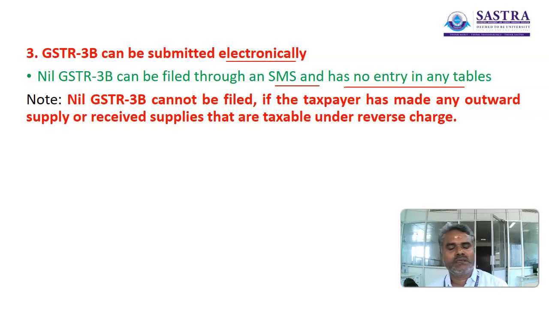Suppose you don't have any transactions, you need not fill all the details, simply you send an SMS saying we don't have any transactions. Nil GSTR 3B cannot be filed if the taxpayer has made any outward supplies or reversed supplies that are taxable under reverse charge mechanism. No problem at all.